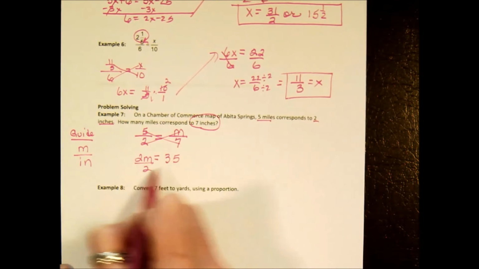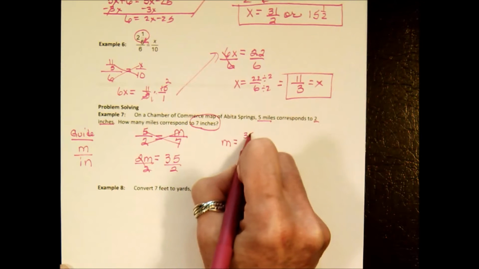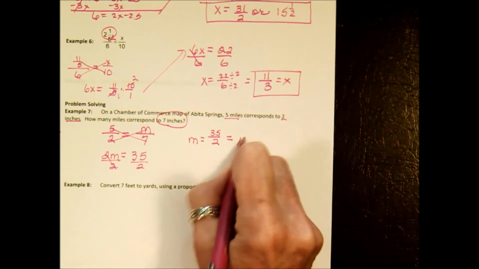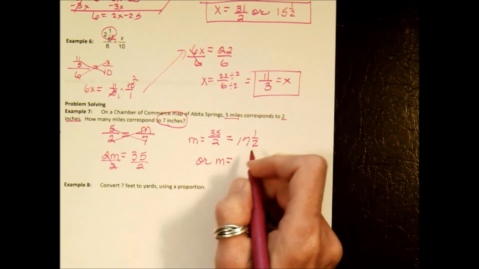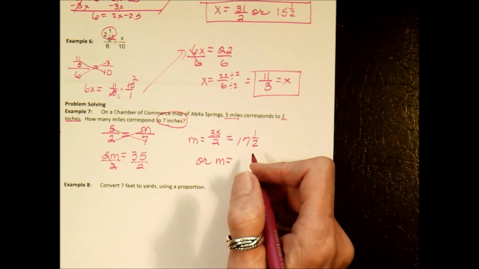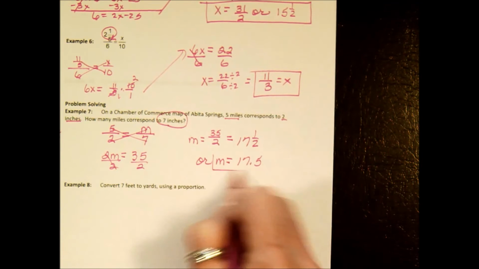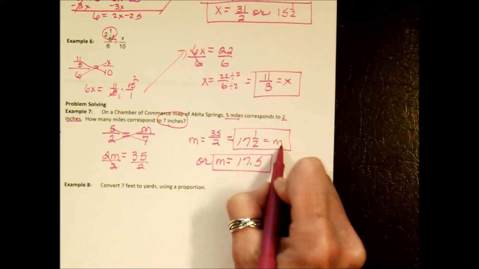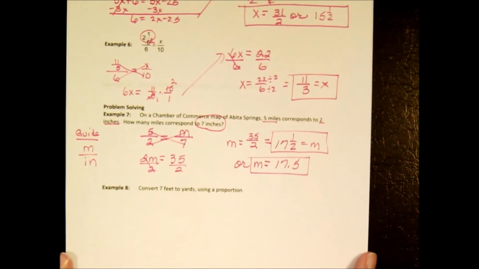I divide by 2, and I get the miles is 35 halves, but because of the context of the problem, we definitely want to show this one as a mixed number, which is 17 1/2, or if you prefer the decimal, which I don't, if you've had me for more than 5 minutes, you know that, 17.5. So either 17 1/2 equals m or 17.5, but we used a guide and set up a proportion.